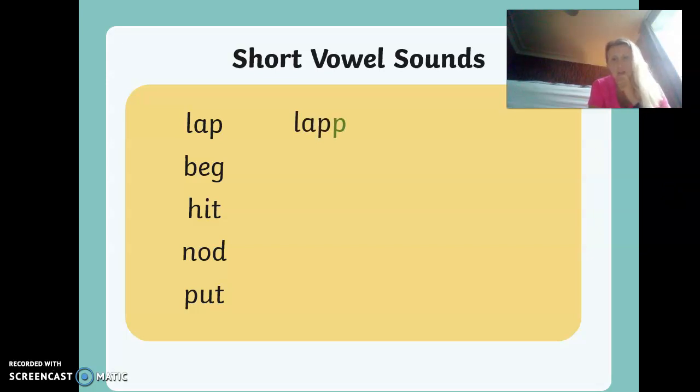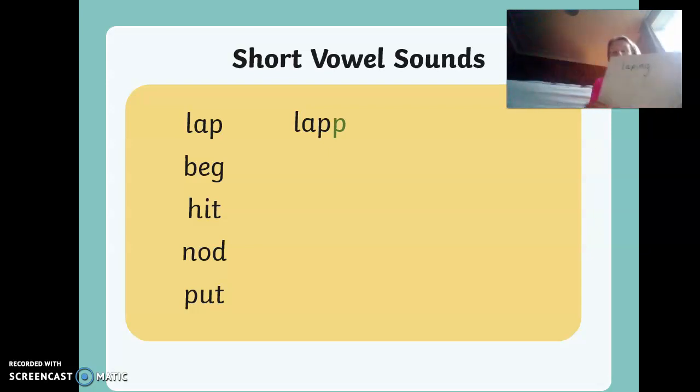So what we need to do, can you see what's happened there? They've added another P to that. Do you want me to tell you why they've done that? They've done that because we're about to write the word lapping. We wouldn't just write L, A, P, I, N, G, lapping.